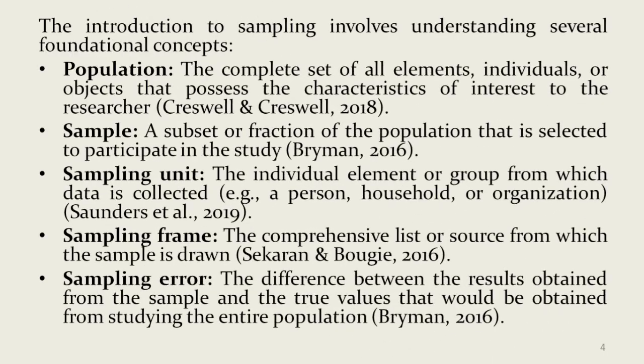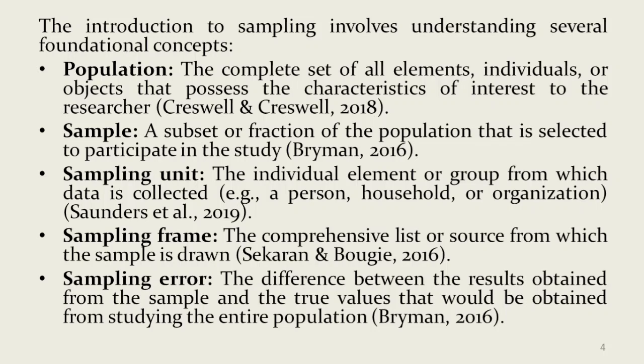The introduction to sampling involves understanding several foundational concepts like population, sample, sampling unit, sampling frame, and sampling error or sampling bias. The population is the complete set of all elements, individuals, or objects that possess the characteristics of interest to the researcher.